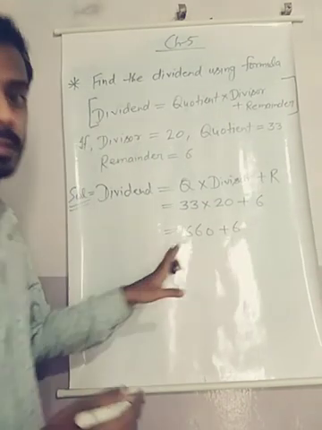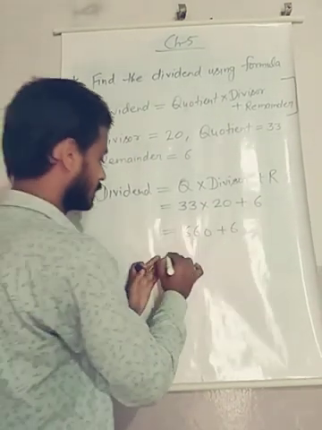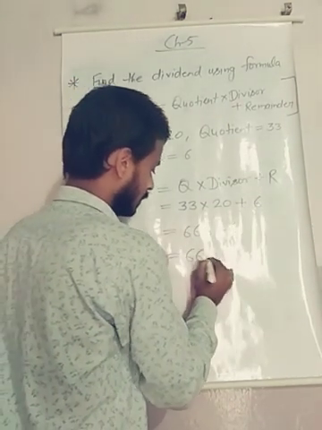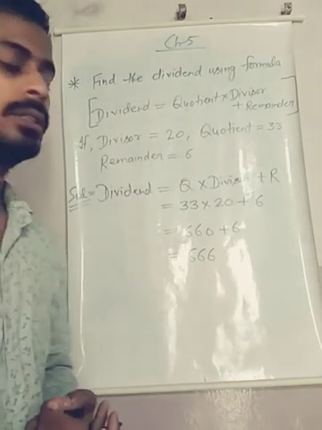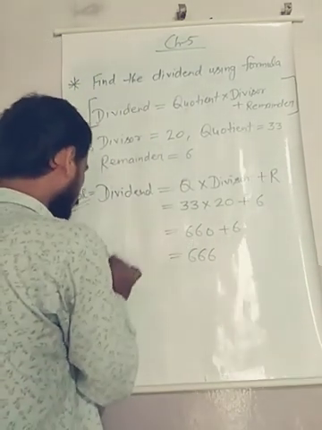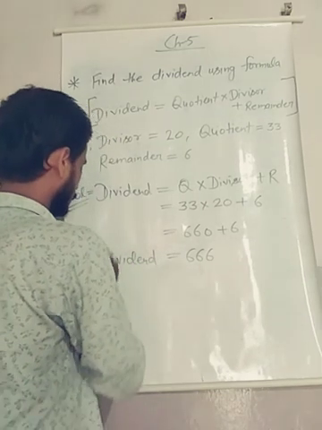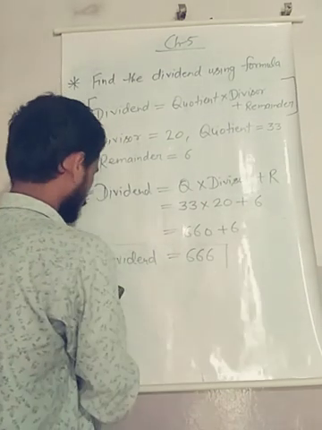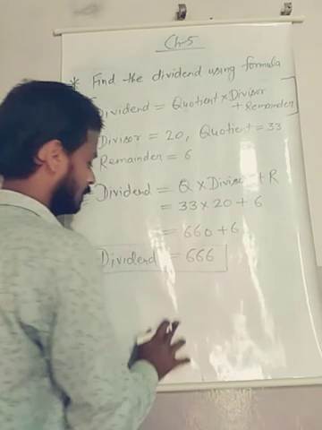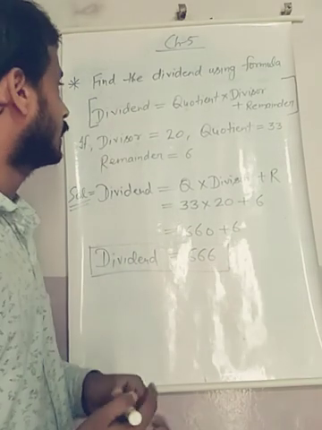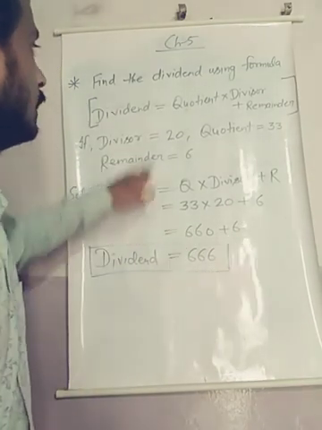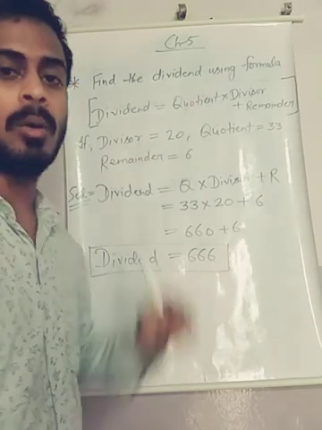Now 660 plus 6 is 666. It means dividend equals 666. Clear? In this way we can find the dividend with the help of this formula.